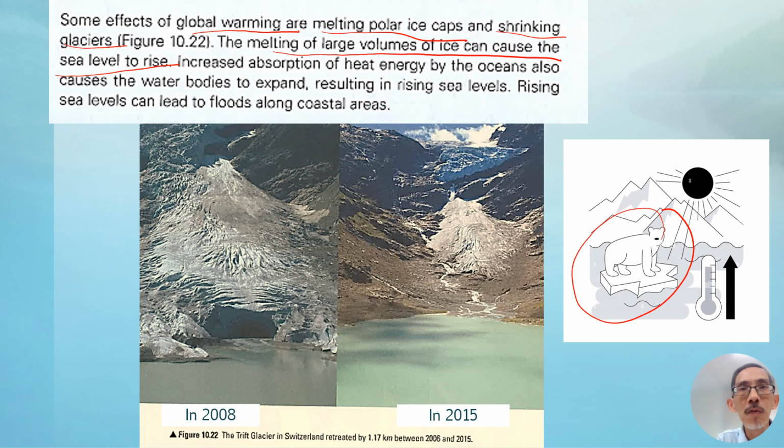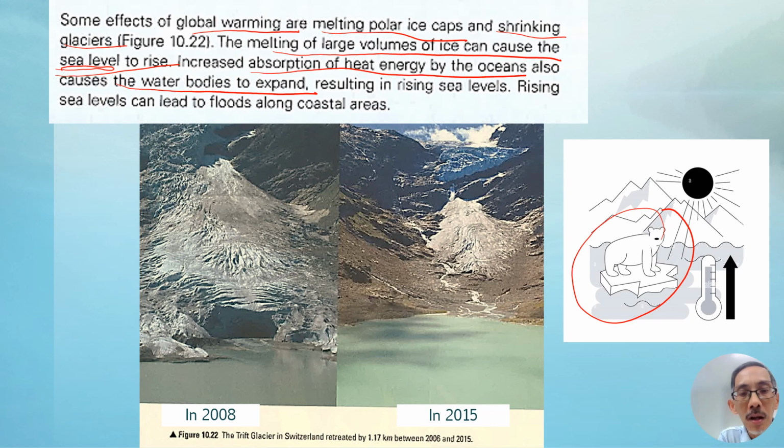All this amount of water from the melting ice is going back into the sea. And this will cause the sea level to rise. And on top of that, when there's a lot of heat being absorbed by the water in the ocean, then the water will also expand, isn't it?